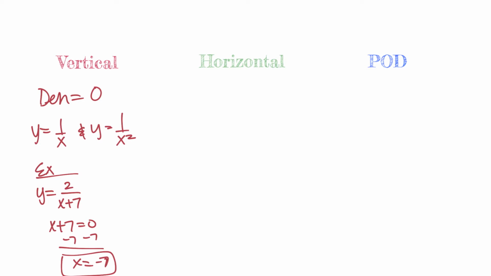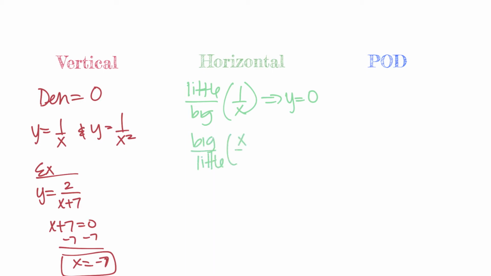So horizontal asymptotes, you have 3 scenarios. You have little over big. So for example, 1 over x. And this is always going to give us a horizontal asymptote at y equals 0. You have big over little, which would be like x over 1.